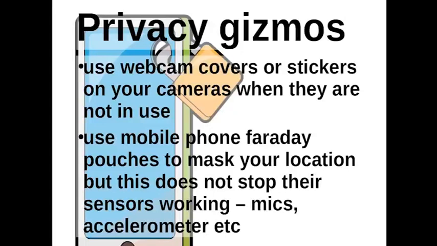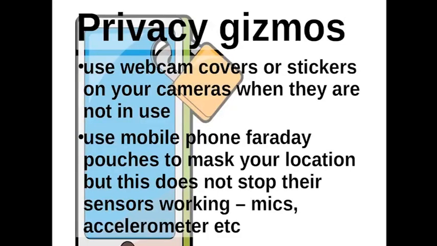Often the most efficient way for such malware to operate is to record for large sections of time, store that data, and then at an opportune time send that data off to wherever it's stored. So perhaps it stores that data whilst it's in the Faraday pouch, and then when you take it out of the Faraday pouch, it will send all that data. So I'm just giving examples of how this gizmo doesn't protect you from sensors.